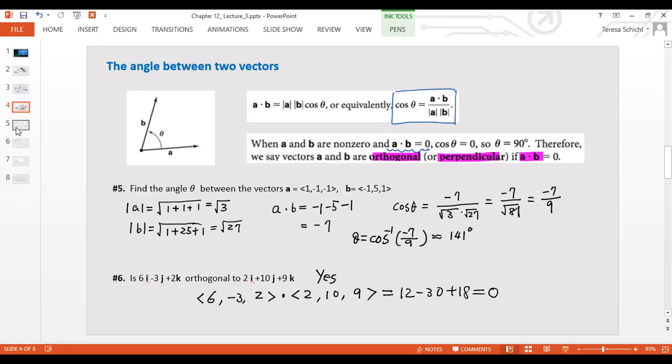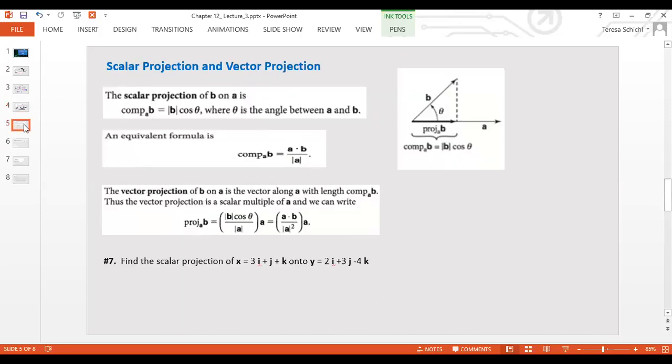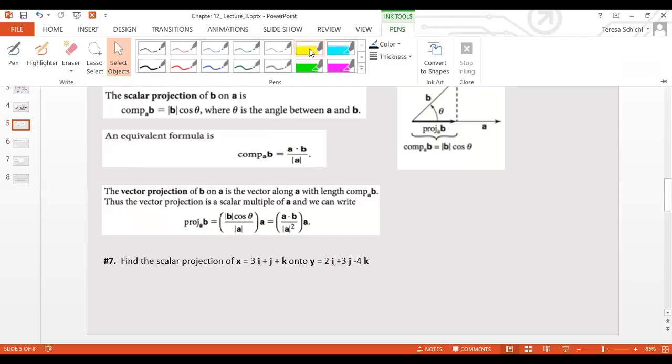All right, so this is the angle between two vectors. Now let's take a look at another very important one here. We're going to talk about the scalar projection and the vector projection.